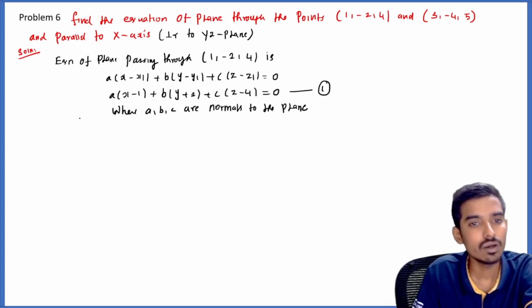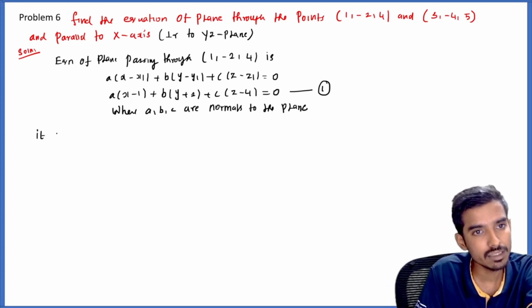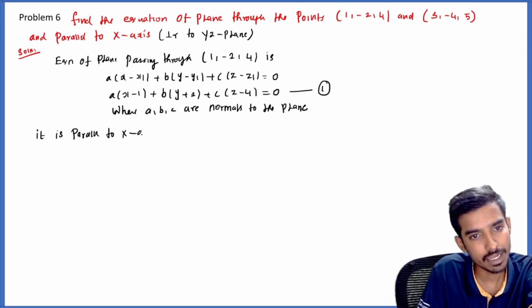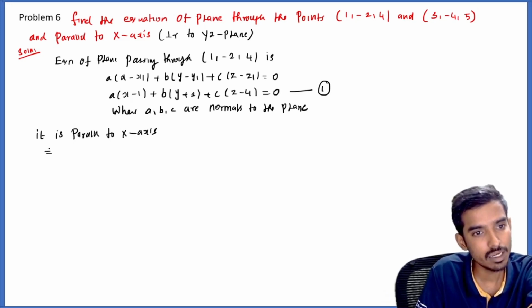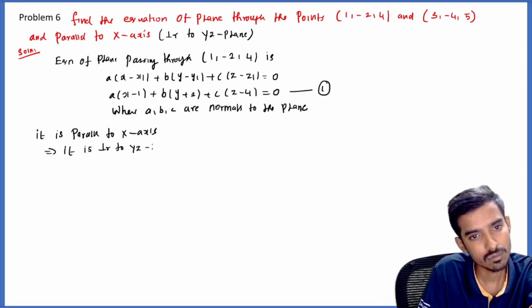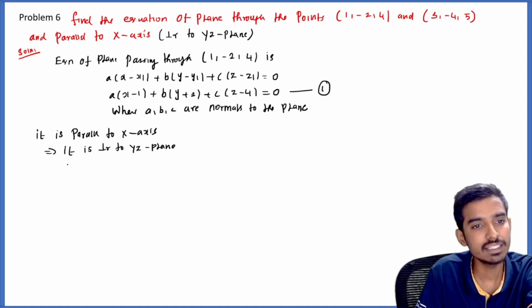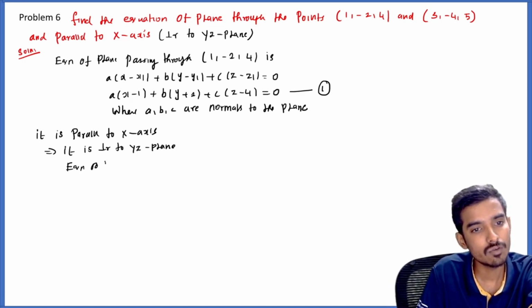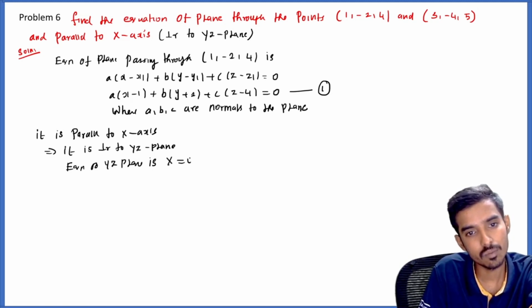Now it is parallel to the x-axis. That means it is perpendicular to the YZ plane. And what is the equation of the YZ plane? The equation of the YZ plane is x is equal to 0, right?